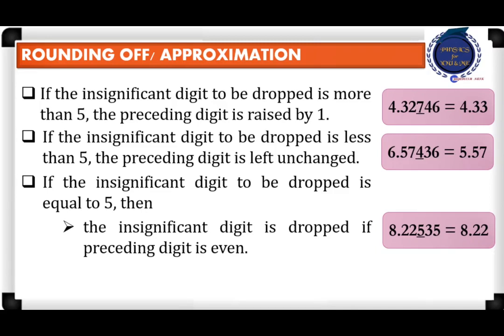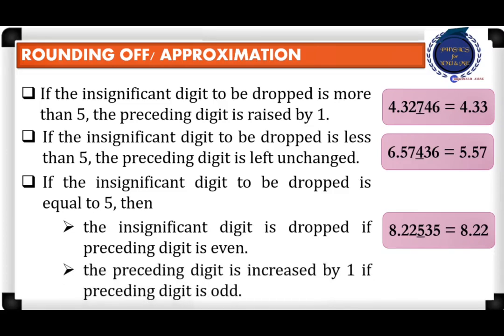That is, the answer should be 8.22. The preceding digit is increased by 1 if the preceding digit is odd. Again, look at the example. When 5 is to be dropped, its preceding number, which is 3, is odd. Hence, it is increased by 1. Hence, the answer is 2.74.